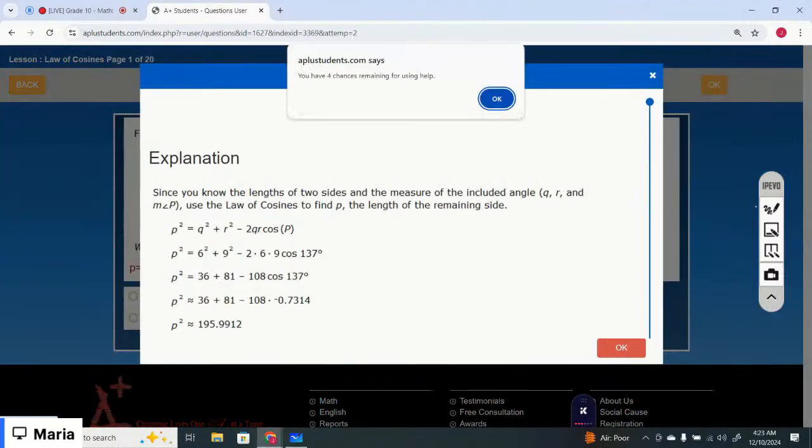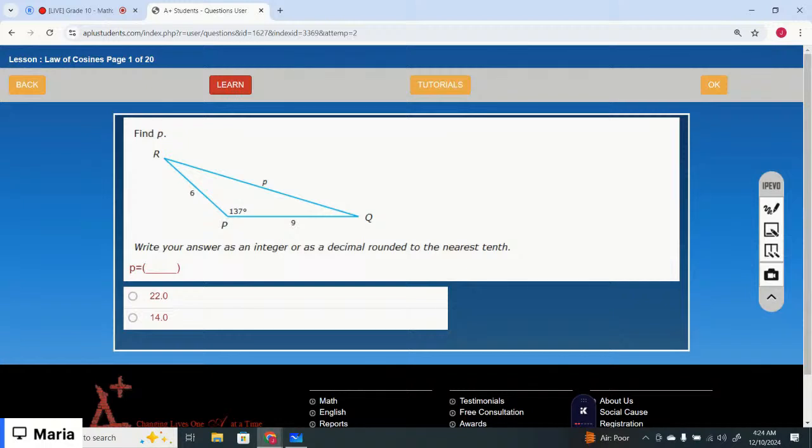Oh, you need to add. You have to take the square root. I forgot the square root, right? You have to square root the value, right?